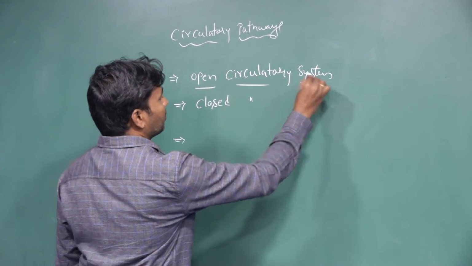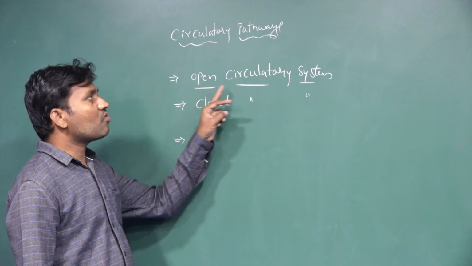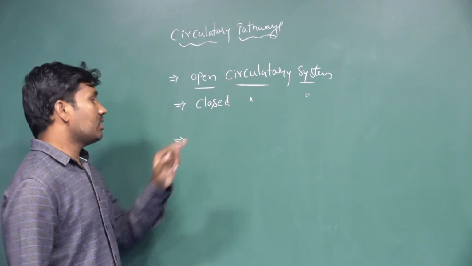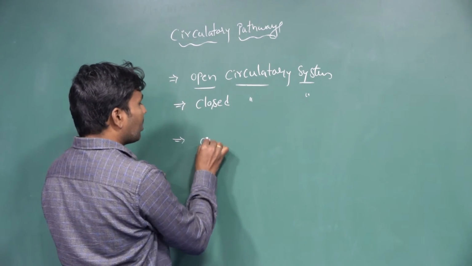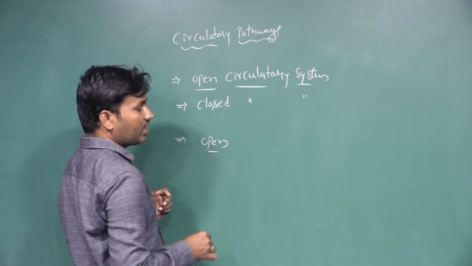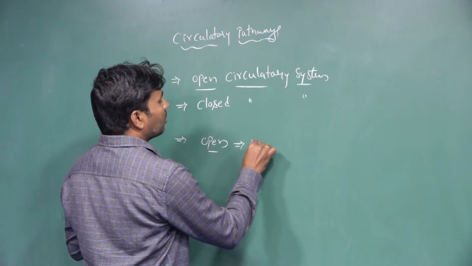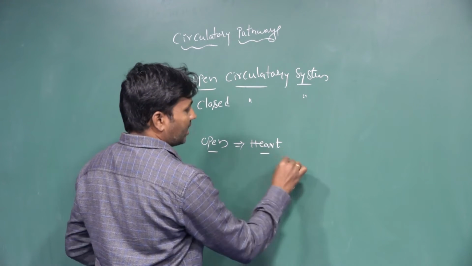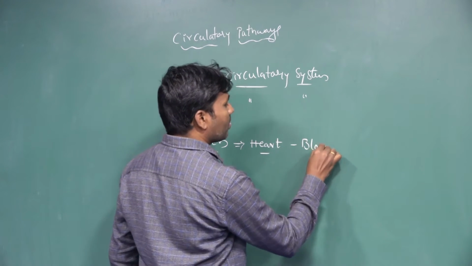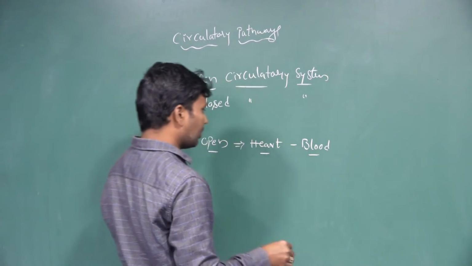Open circulatory system. The name itself explains it. It is the open type. That means in this open type of circulatory system, the heart is pumping the blood.